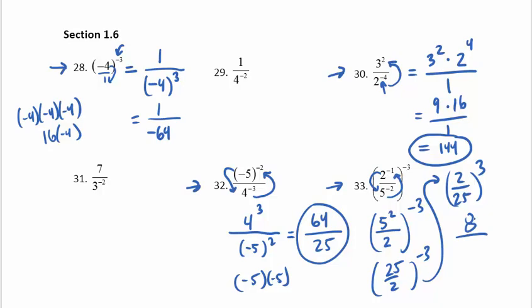And then 25 to the third power, which is going to give me a big number. 25 times 25 times 25 is going to give me 15,625. Now, you might think about simplifying that fraction, but it's not going to happen.